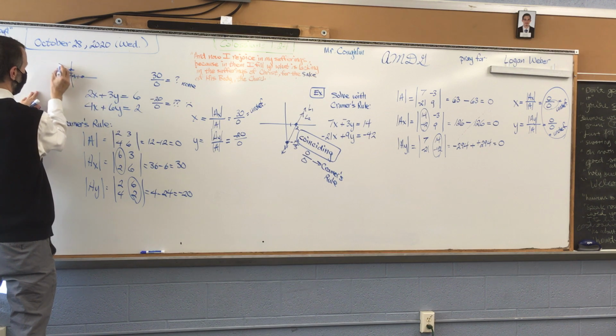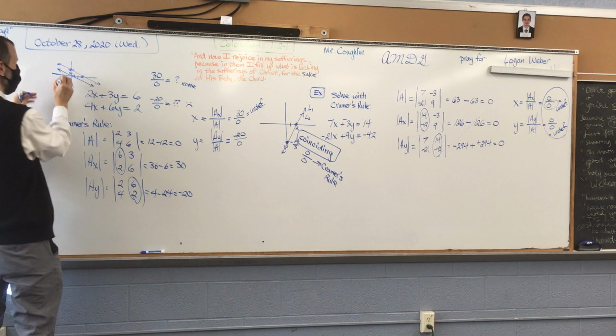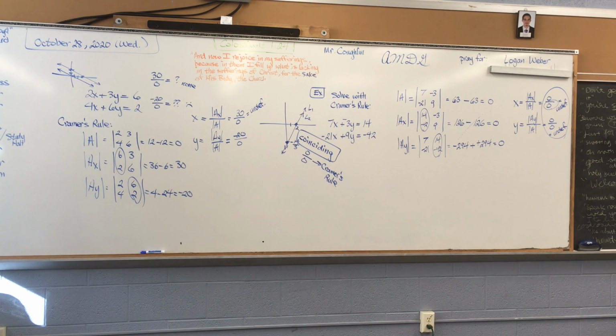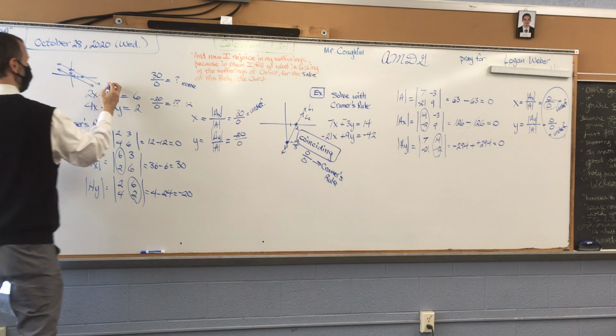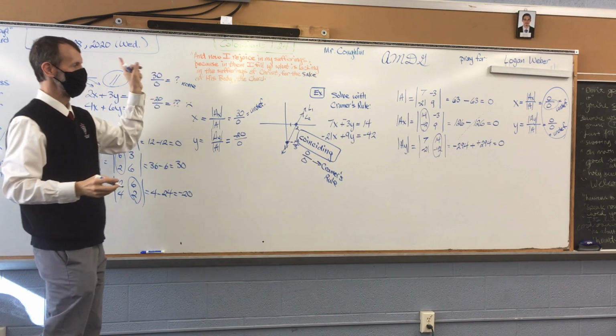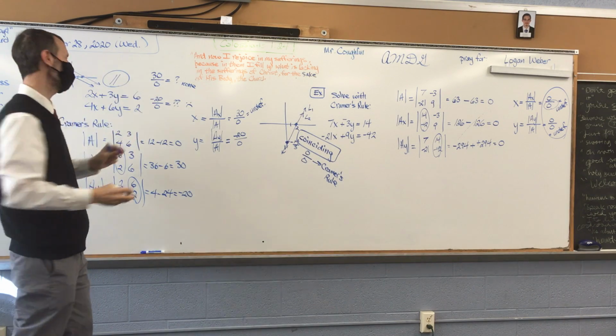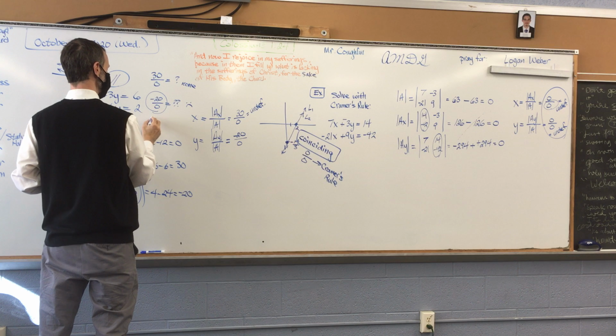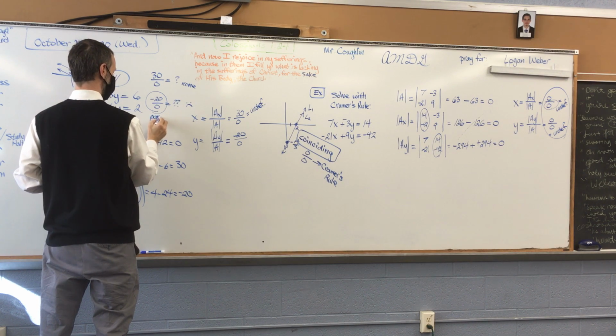But take a look. Did you notice something? Courtney? These are parallel lines. When you get something else over 0, that's a dead giveaway that this is parallel.